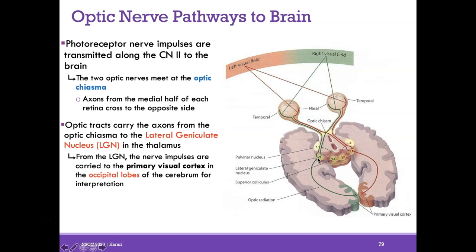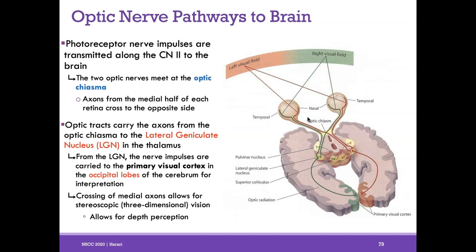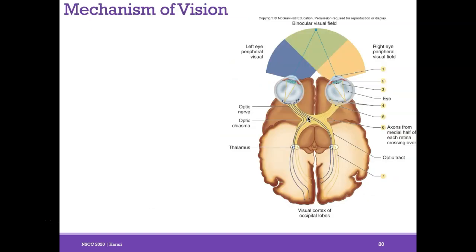So these neurons get routed to a certain level of the thalamus and then they get transmitted to the primary visual cortex, which can interpret that as an image. The crossing of the medial axons is what allows us to see in 3D. And that's one of the things that makes primates unique, is stereoscopic vision, to allow us to perceive depth.